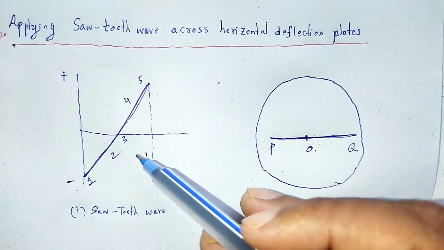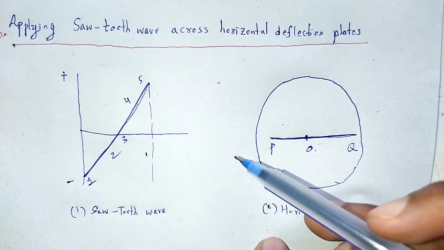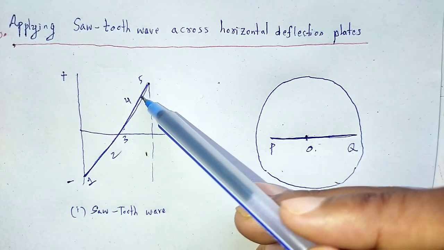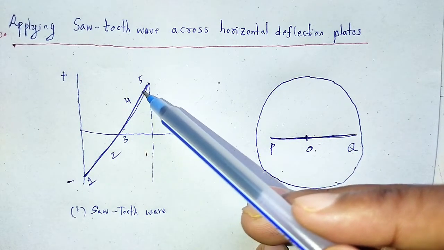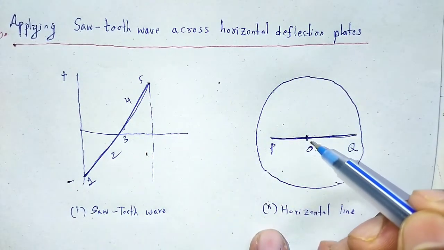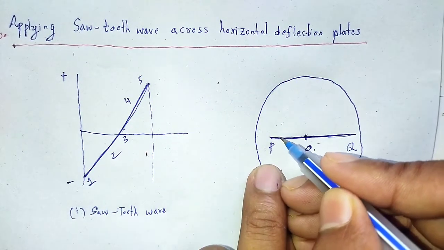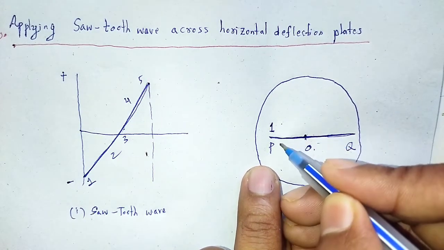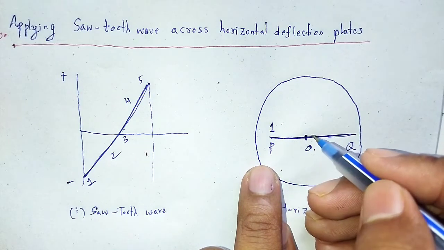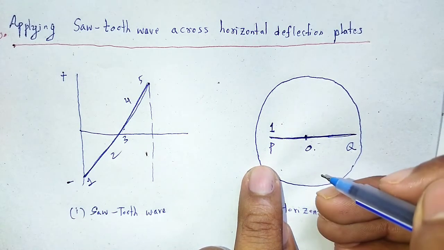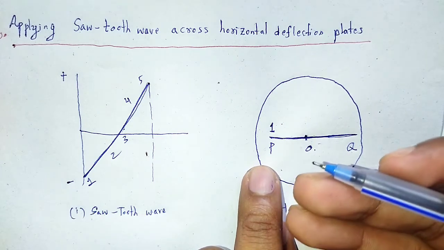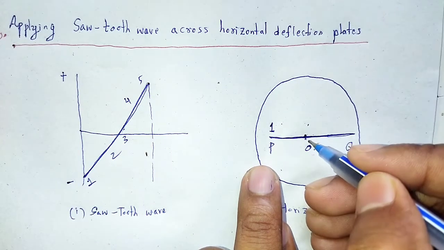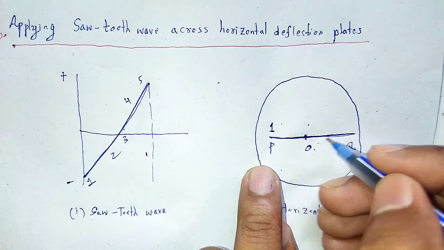At the initial time when t is equal to 0, the right plate is at the highest negative potential. So, the electron beam is deflected to the extreme left position, that is P. As the negative potential on the right plate decreases with time, the beam moves toward the right through the middle point O with a uniform speed.